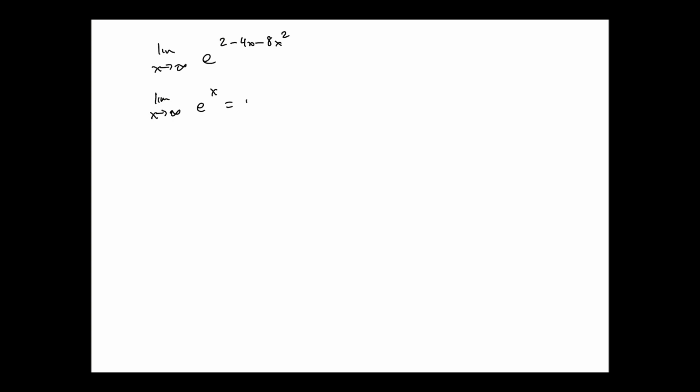The reasoning is, you're taking e and raising it to larger and larger powers, and the numbers get bigger and bigger with no stop to that growth. So if the exponent is itself going to infinity, then e to the x also goes to infinity.